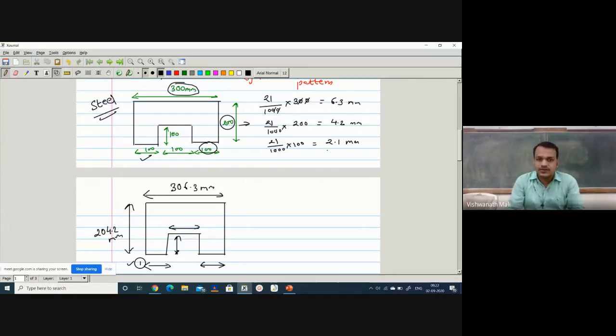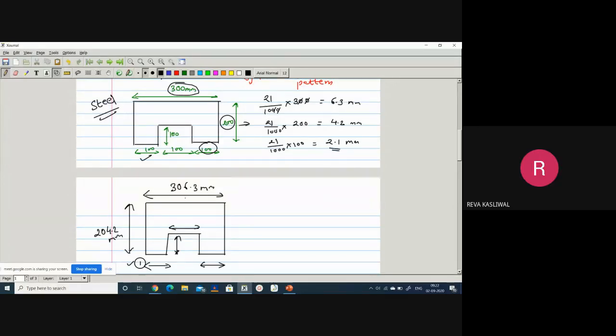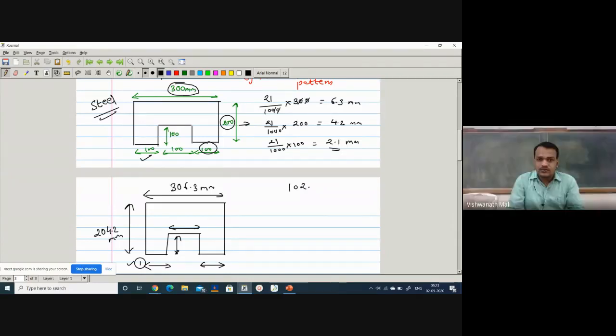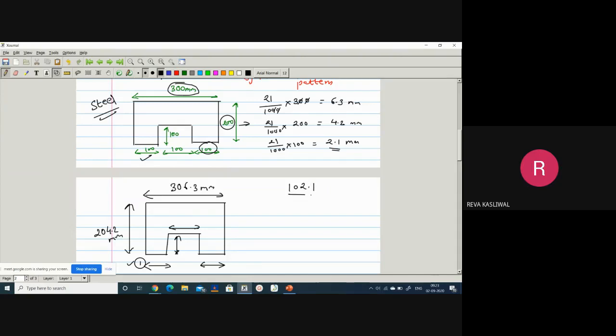For 100, we have the 2.1 mm allowance, so it will be 102.1 mm.